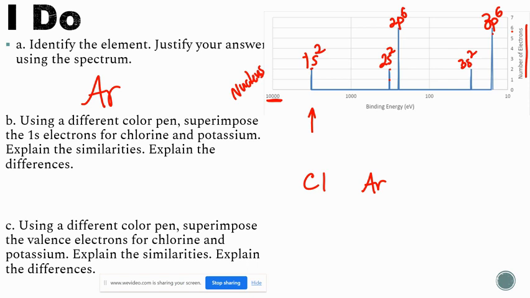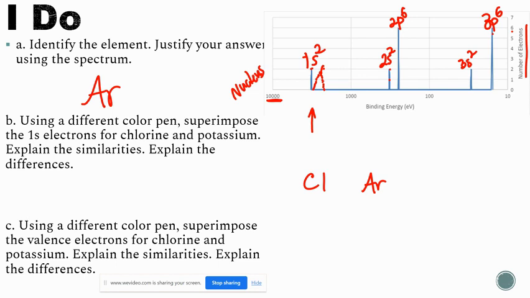Number of protons, that effective nuclear charge. So which one has a higher effective nuclear charge, chlorine or argon? Argon, right. So which one's going to hold on to its electrons stronger? Argon. So chlorine is going to be just a little bit easier to pull off than argon.